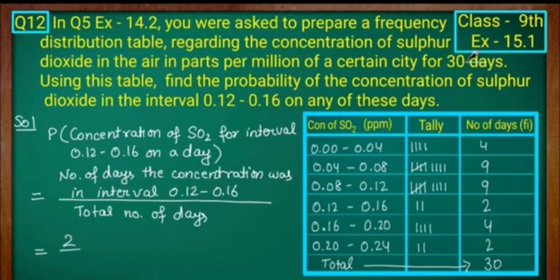So 2 divided by 30, that is 1 by 15. So the probability of the concentration of sulfur dioxide in the interval 0.12 to 0.16 on a day is 1 by 15.